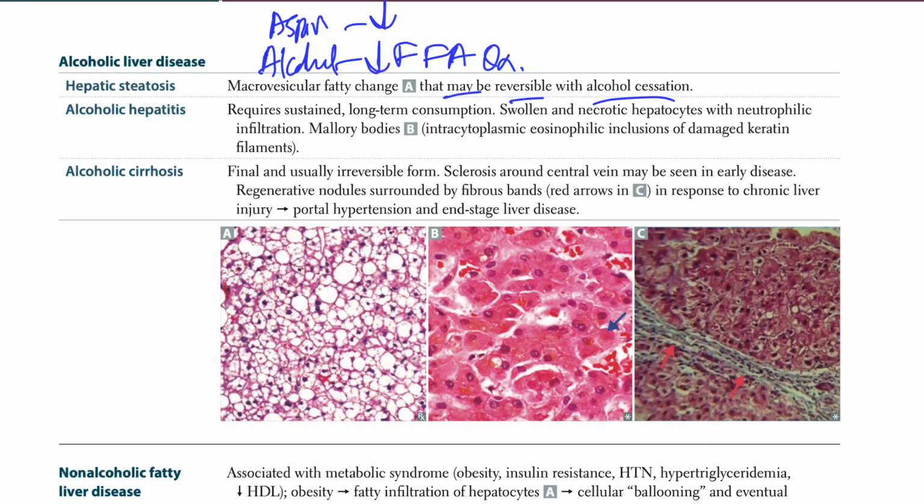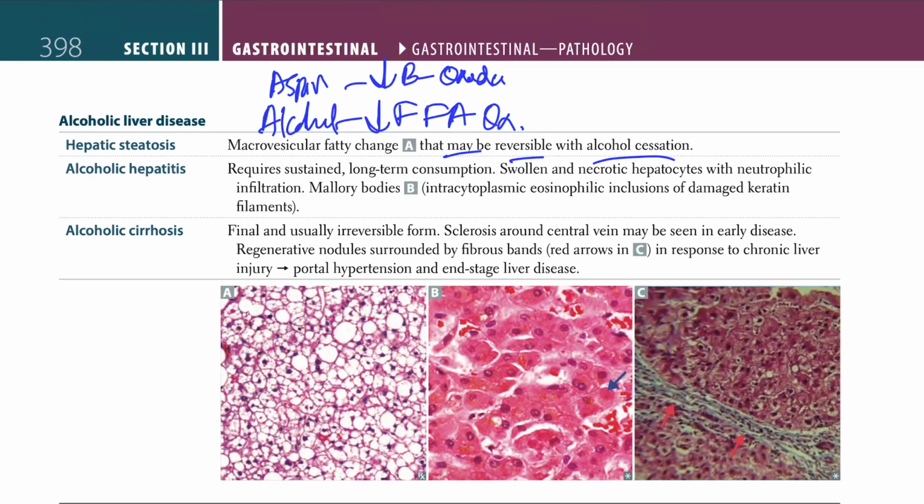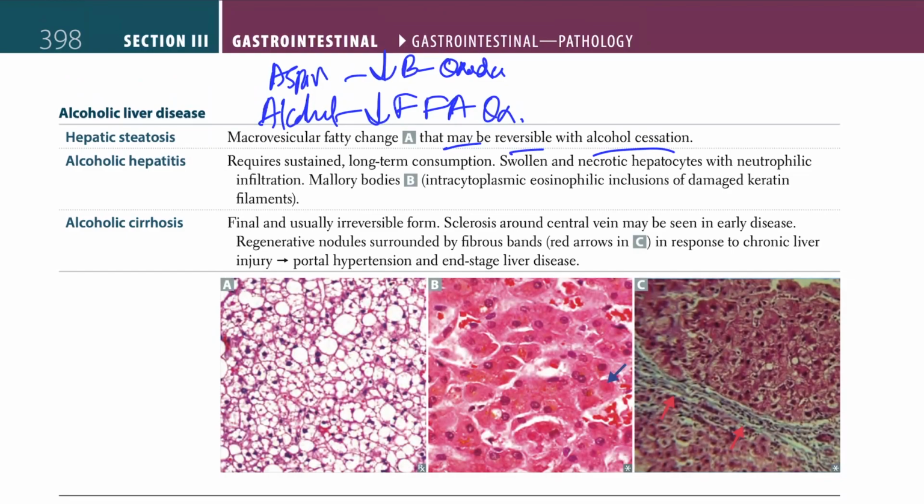Aspirin decreases beta oxidation of free fatty acids. When you have a decrease in free fatty acid oxidation, it leads to those free fatty acids or triglycerides accumulating within the cytoplasm.